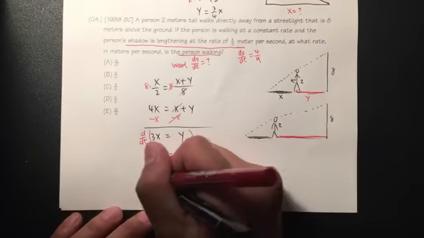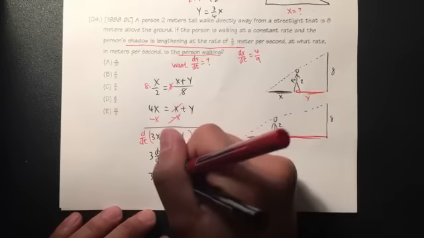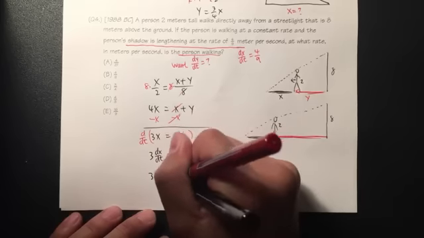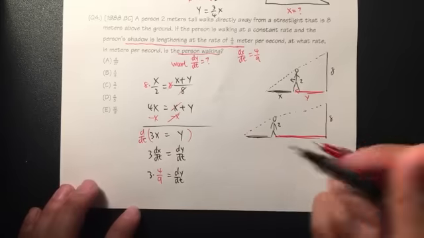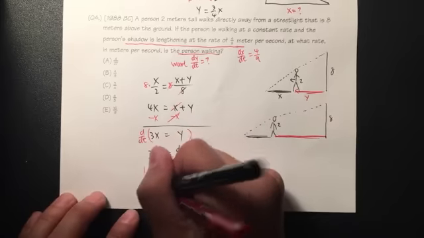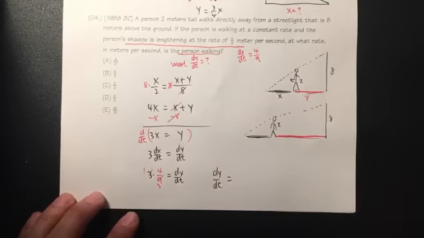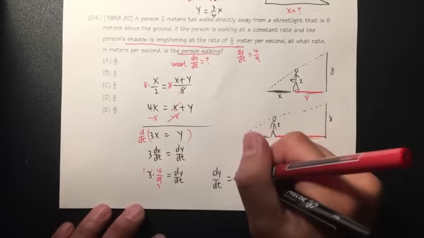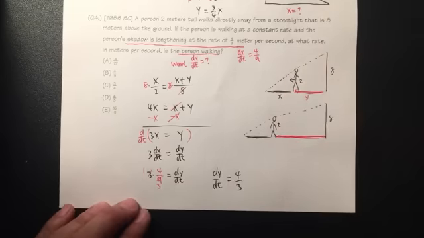So this is 3 times 4/9, and this is equal to the quantity we're trying to find, dy/dt. You can do the math on your own. This is 1, this is 3. So in the end, you see that dy/dt is equal to 4/3. And with this, we are done.